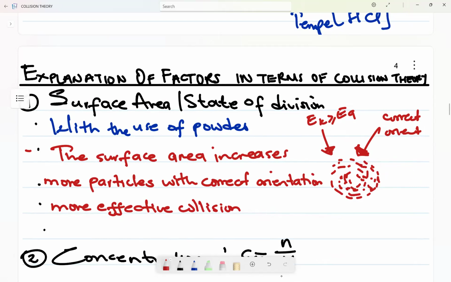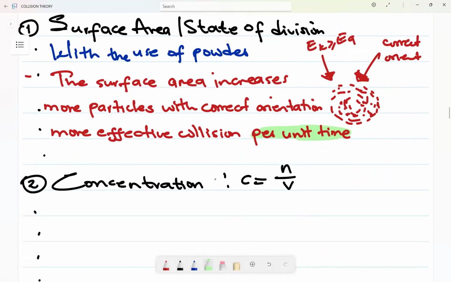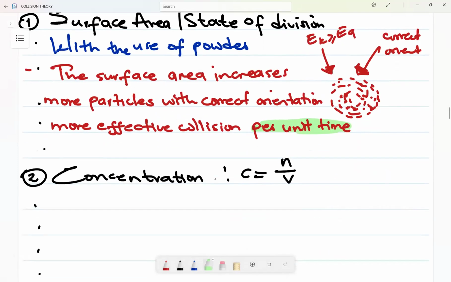So we say more effective collisions per unit time. If you forget per unit time, you forget your marks. Very, very important. If you just say more effective collisions, you lose a mark. Then, if you're having more effective collisions, how will this affect the rate? Now we'll say a higher reaction rate.